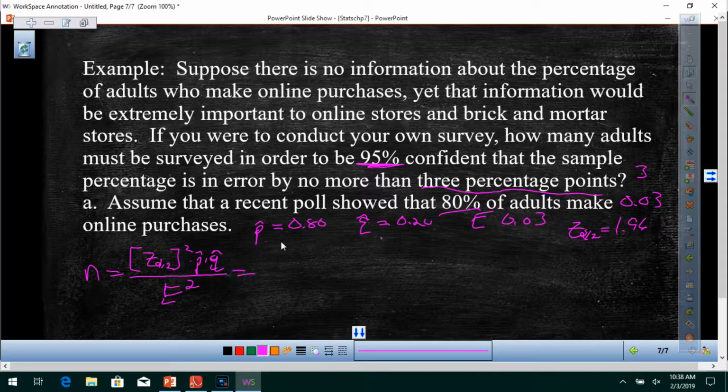And this equals 1.96 squared times 0.80 times 0.20 over 0.03 squared.